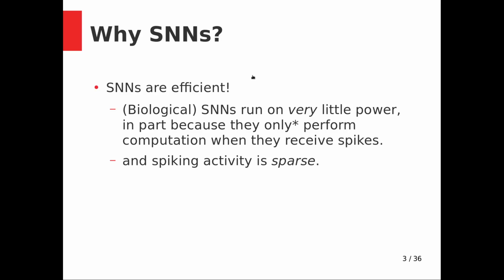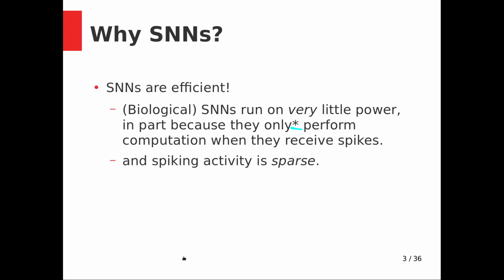Part of the reason is that biological neurons, spiking neurons, only, with a little asterisk on only, perform computation when they are receiving, integrating and emitting spikes. The spiking activity in a real brain is very sparse, which basically means most of the time neurons aren't emitting or receiving spikes.